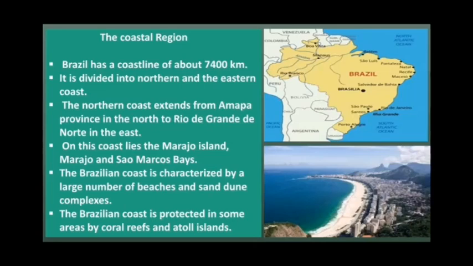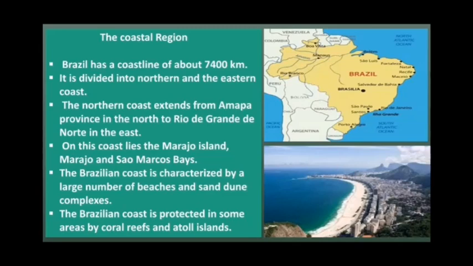The northern coast extends from Amapá province in the north to Rio Grande do Norte in the east. This can be called the North Atlantic coast. From there, the eastern coast extends towards the south.